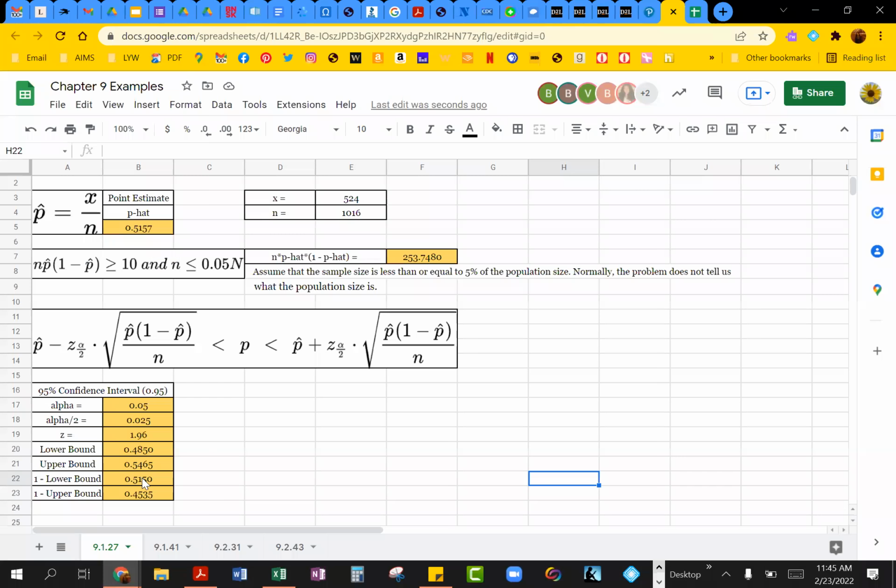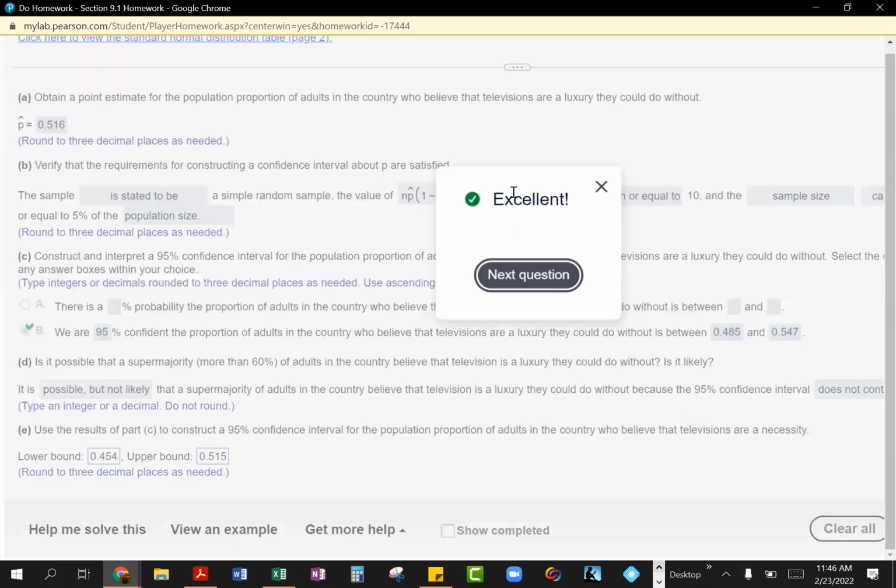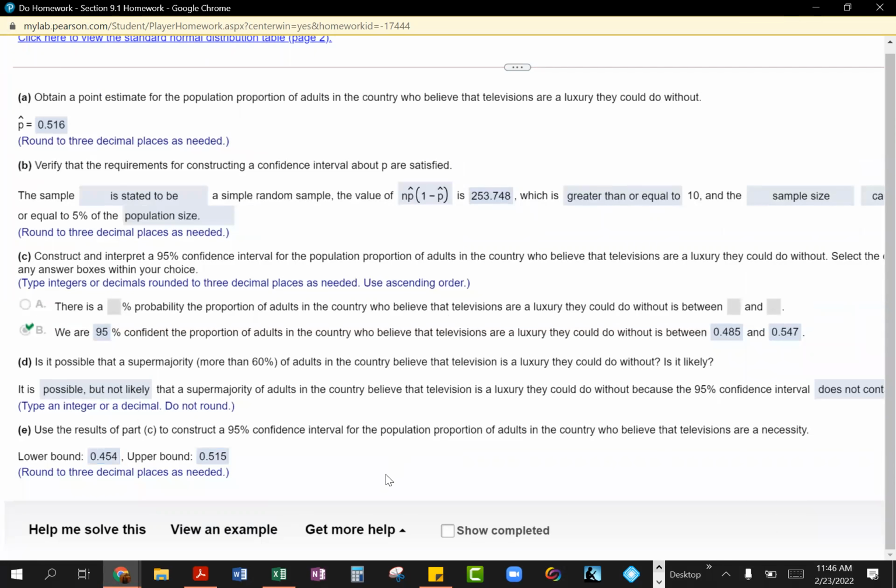And then for the other one, the larger number will be the upper bound. So that's going to be 0.515. So literally in this case, you don't have to go back and redo any of the calculations. Now that you have the confidence interval for the other group, just subtracting those numbers from 1 will give you the confidence interval for this group.